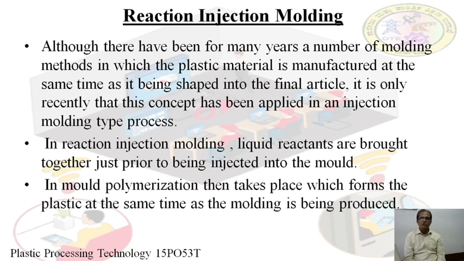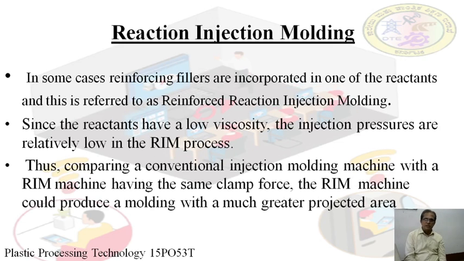In reaction injection molding, liquid reactants are brought together just prior to being injected into the mold, and in the mold polymerization takes place, which forms the plastic at the same time as the molding is being produced. In some cases, reinforcing fillers are incorporated in one of the reactants, and this is referred to as reinforced reaction injection molding.